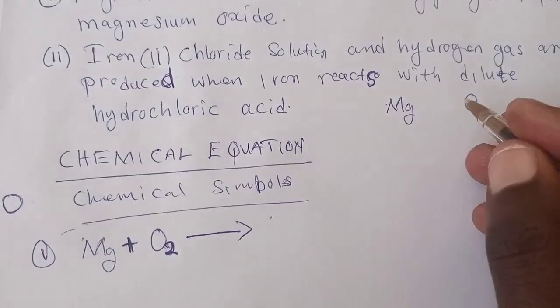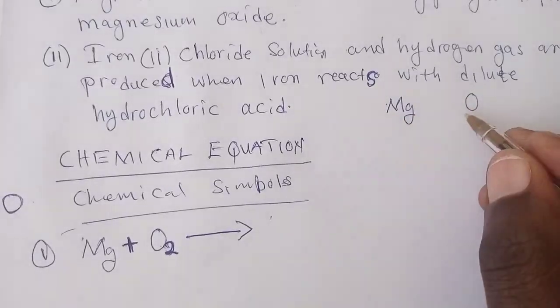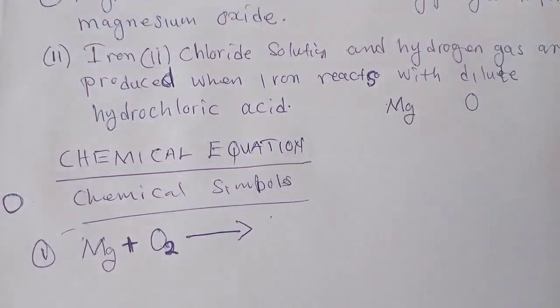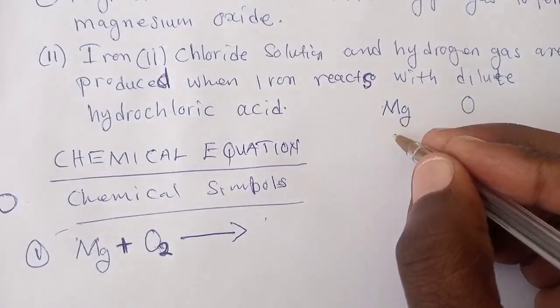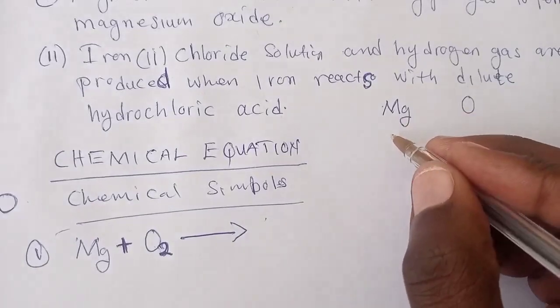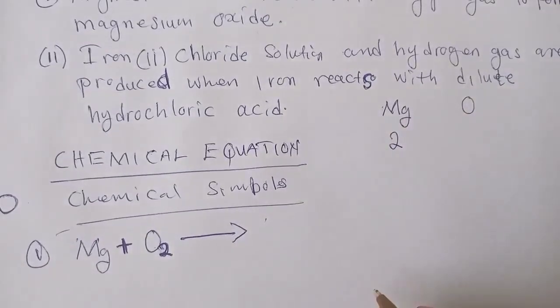You need to know their valence numbers. Magnesium is in group 2. Those in group 2 have a valence of 2.